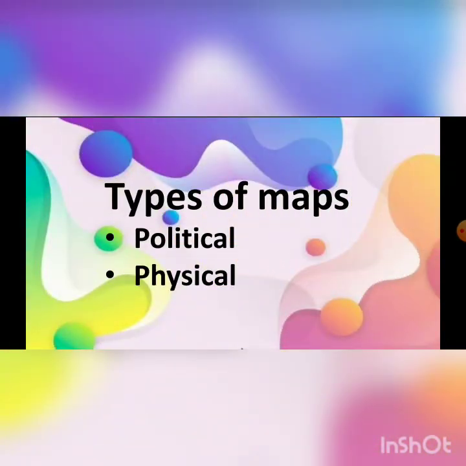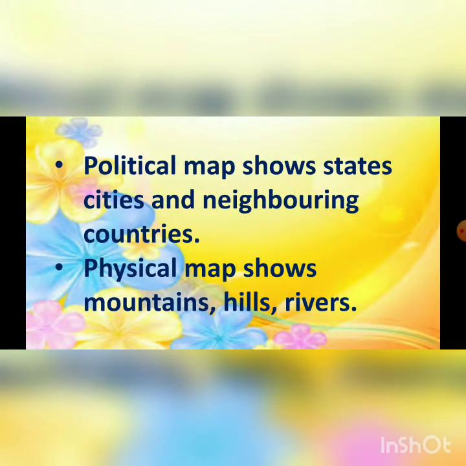Now there are two types of maps. One is political and the other is physical. Political map shows states, cities and neighboring countries.